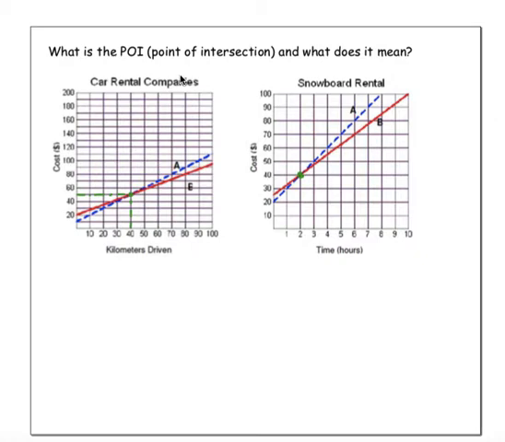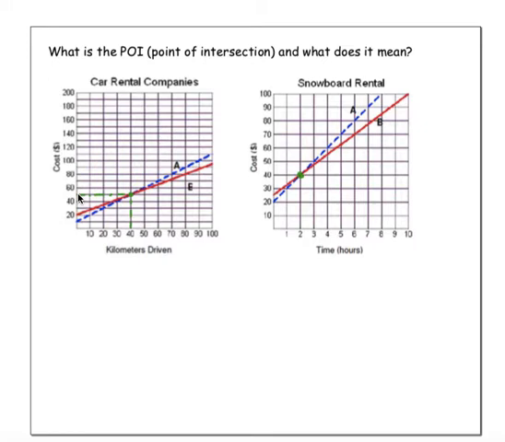Let's start with the car rental companies. At the point of intersection, we are looking at the cost per kilometers driven. If we're driving 40 kilometers, it is going to cost us $50 for either company, so it's not going to matter which car we take.